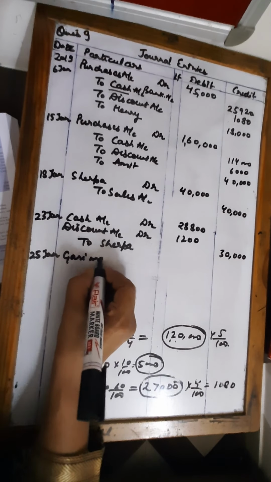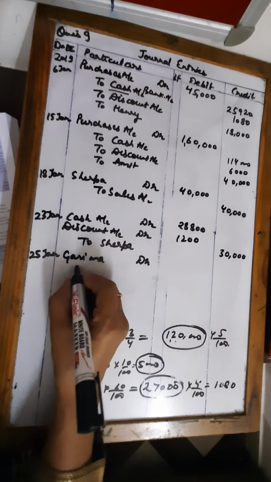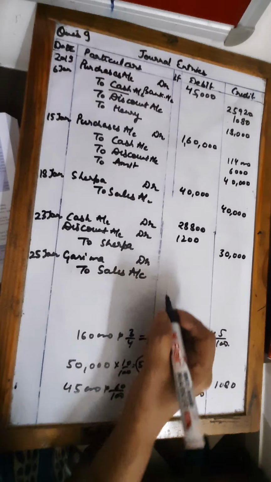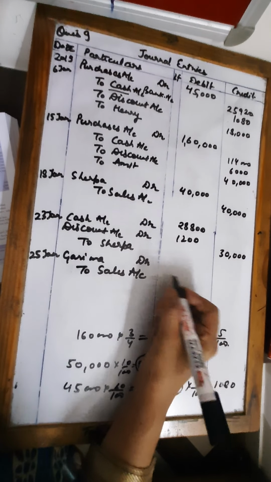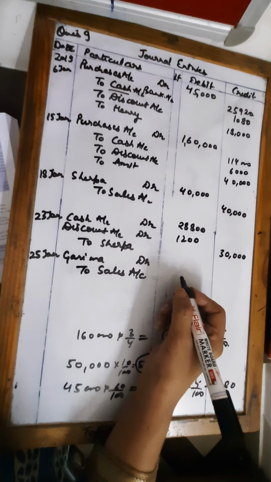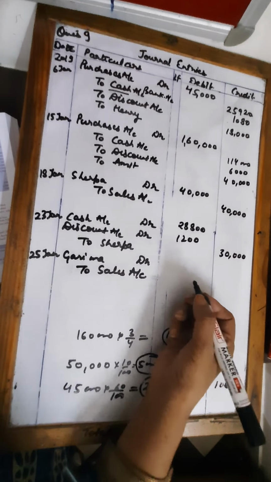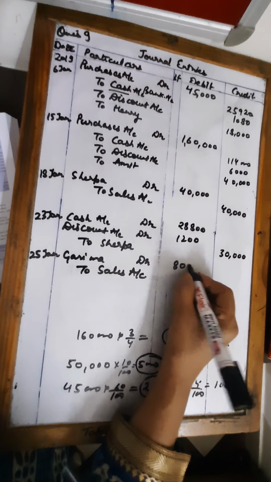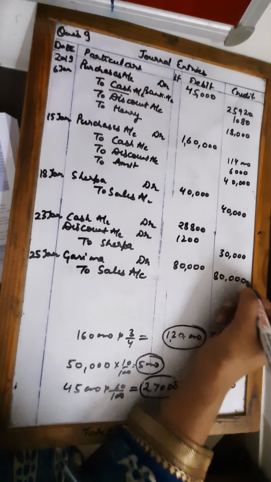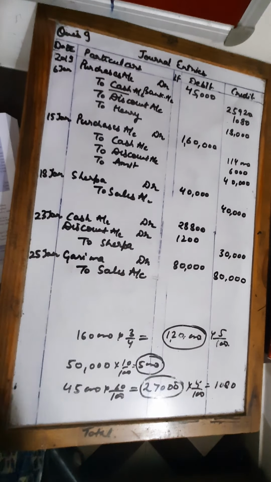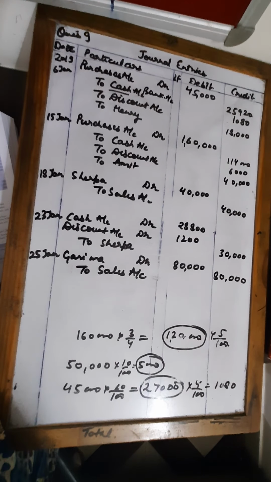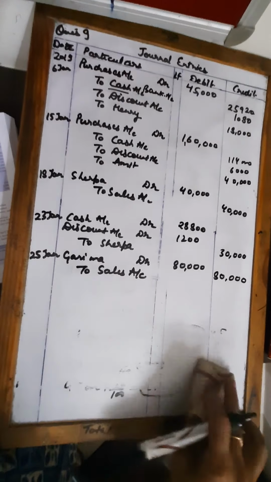Garima debit to sales account. After deducting 20% trade discount, 1 lakh minus 20,000, 80,000 is credit sales, and if she pays within 15 days, she will get discount at the rate of 5%.